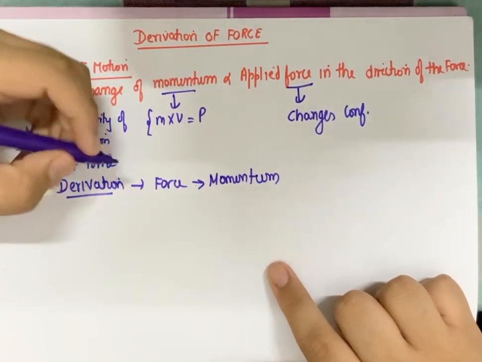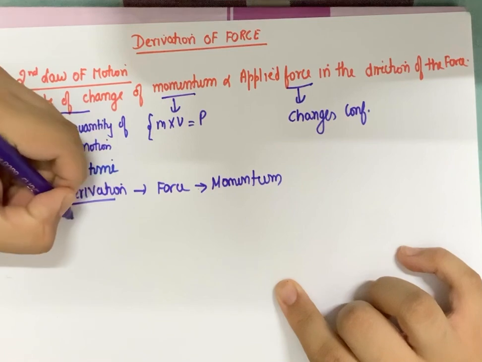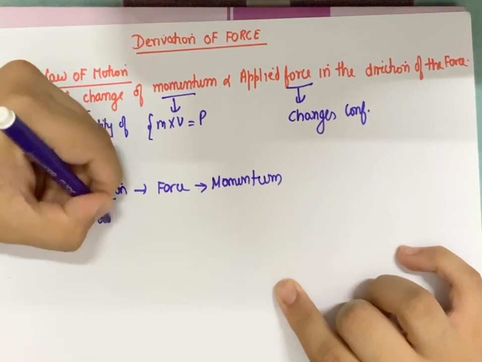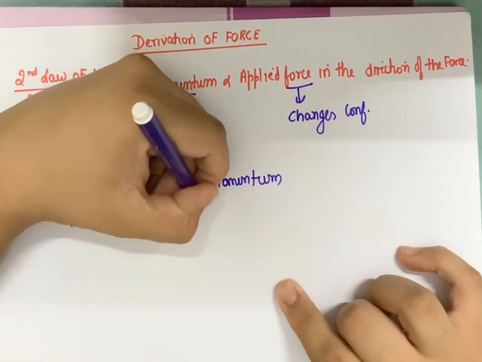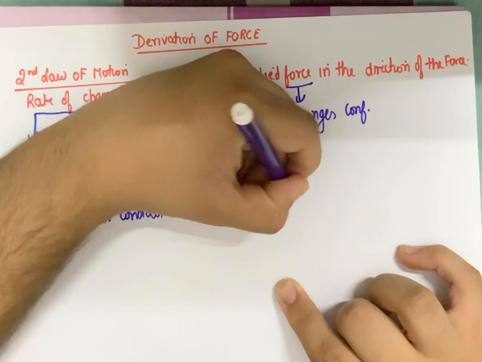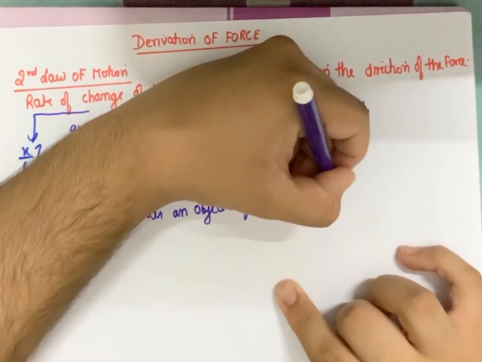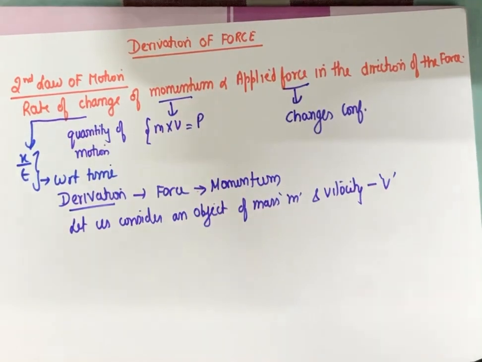The first thing I need is momentum. So let us consider an object of mass m, and the velocity of that object is v.